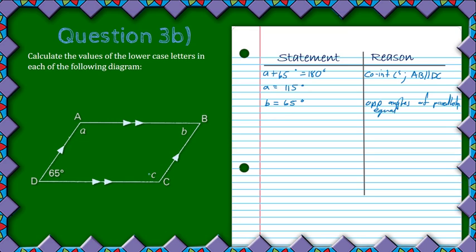And then finally for C, C is also just equal to A. So C is just equal to 115 degrees. And once again, opposite angles of parallelogram equal.